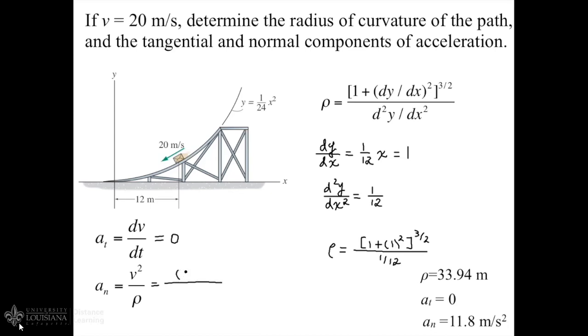We're going to square it, and we're going to divide it by our calculated value for rho, which was 33.94. And when you work this out, you get this value, 11.8 meters per second squared, our change in the direction of the velocity vector. And again, there's no change in the magnitude of that vector. So our acceleration is actually directed up in the normal direction in this particular problem.